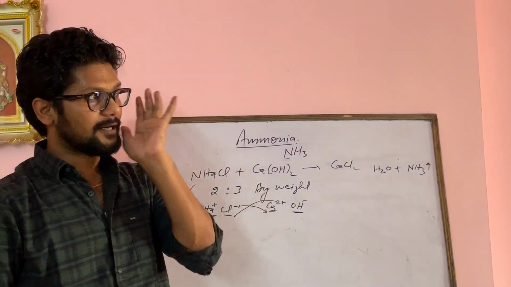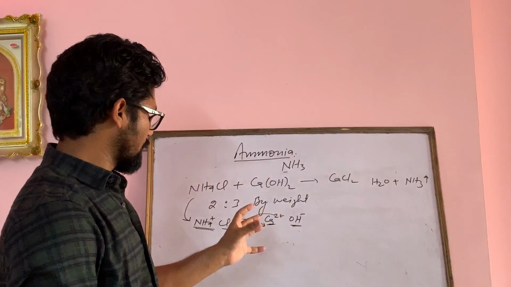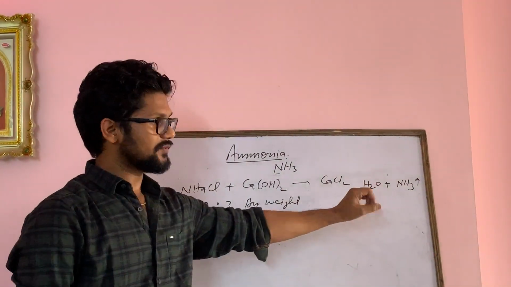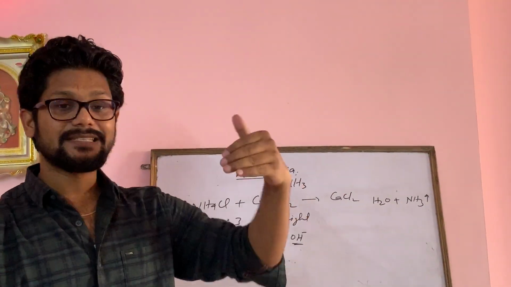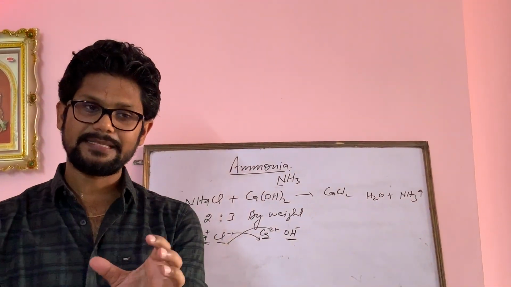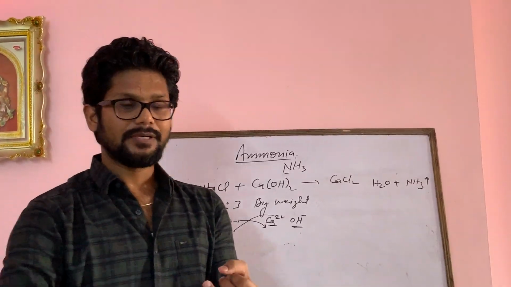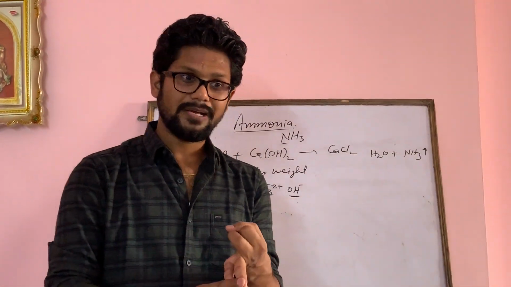There are many things that you have to remember. The first is when this gas is formed, it is dried. It is dried by using quicklime, CaO, calcium oxide. So a question can come: why calcium oxide is used, why not other drying agents? There are many drying agents like P2O5, concentrated H2SO4 and many more.